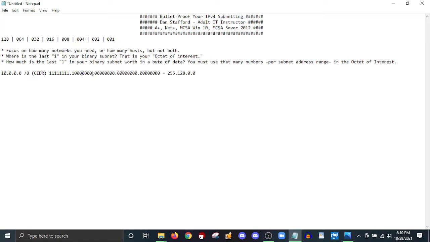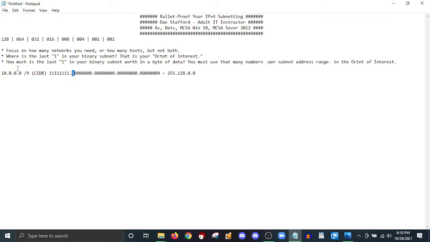Okay, so when I look at the value of a byte, that one is worth 128, going by my ruler here, and everything in the ruler adds up to 255. So my first octet is 255 for the subnet mask. And oops, sorry, that was supposed to change to a /9, which is why we have 9 ones.